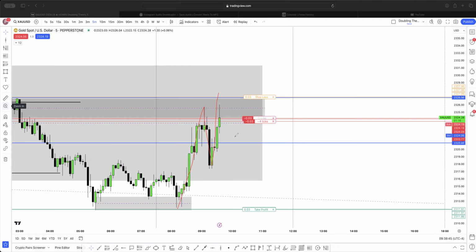So I want to see price now start to reverse. I said that earlier as well, right? But it looks like it's making a new high. So I want to see it start reversing around this time to 10 o'clock. Let's watch and see whether it does that.